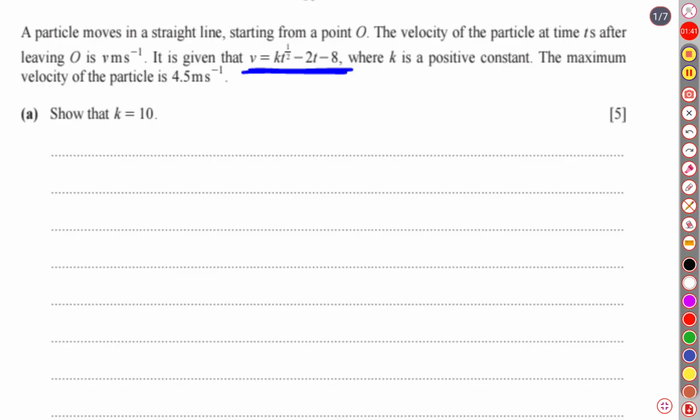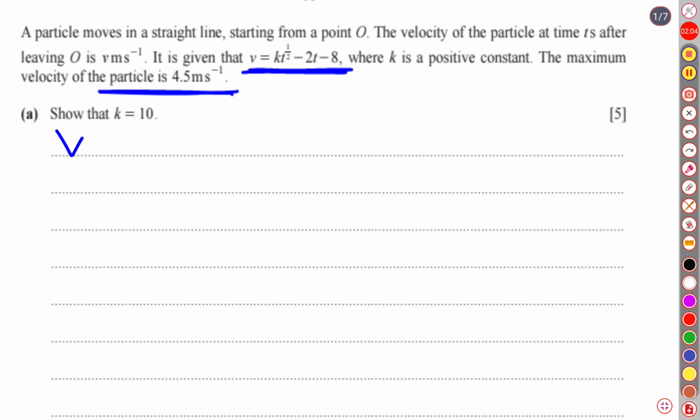How can we form the first equation? It is written that maximum velocity is 4.5 meters per second, and that is the clue word. We know maximum velocity means the derivative of velocity, that is acceleration, is 0. So let's start with our v.